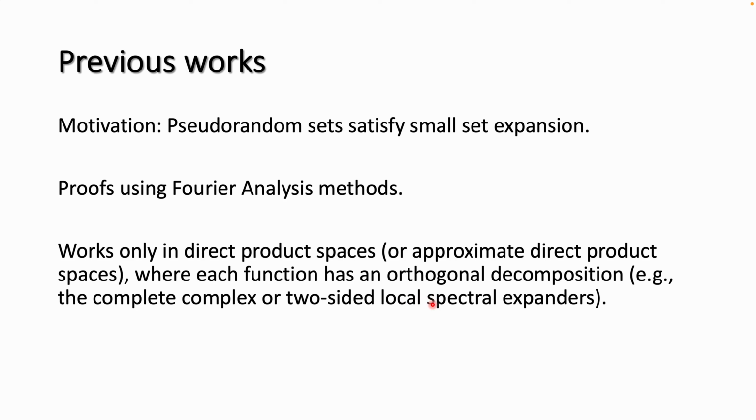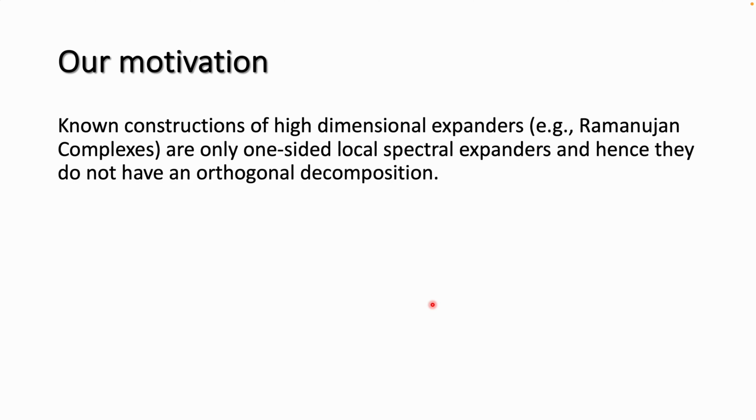That's basically what previous works studied, and our motivation comes from the fact that known constructions of high-dimensional expanders, for instance the famous Ramanujan complexes, are only one-sided local spectral expanders, or in other words, they do not have an orthogonal decomposition. So complexes that we know appear in nature, in a sense, don't have this orthogonal decomposition, and hence we can't use previous methods to show small set expansion in them.